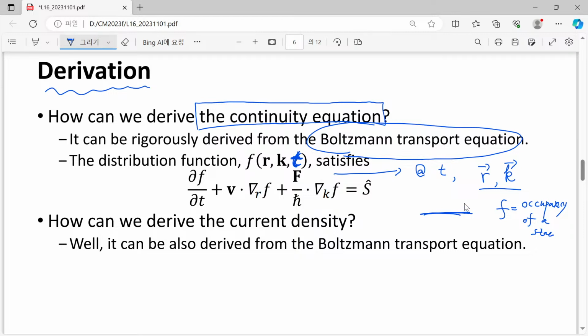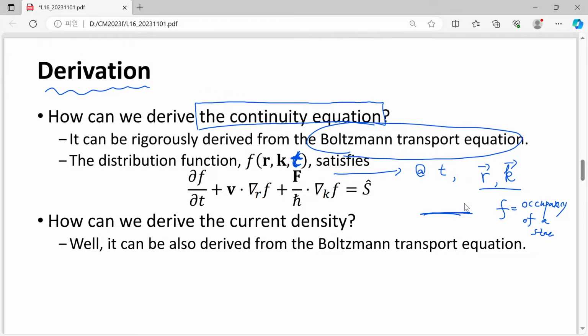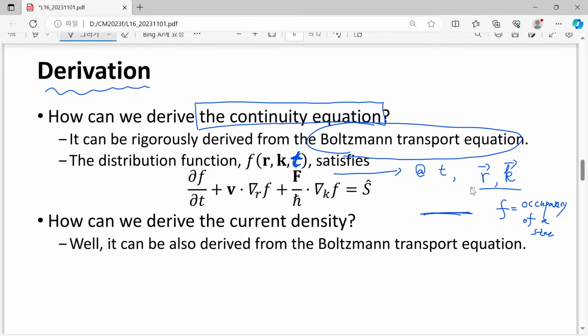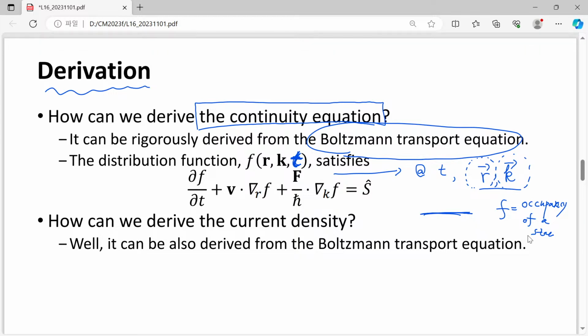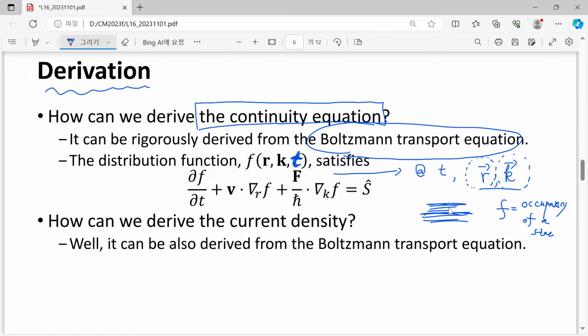Of course, we are now talking about just a coarse-grained system. So r and k should be regarded as a certain gridded point. Although we have many different states there, we can find the average occupancy of these states, and the average occupancy of these states is represented by this distribution function.